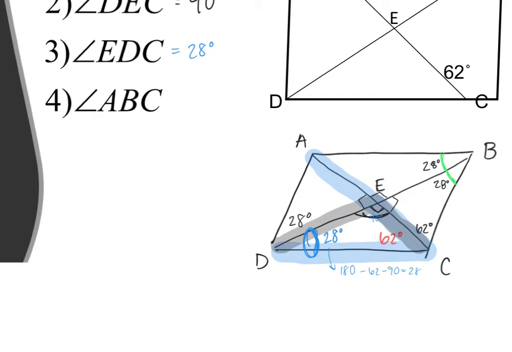So what's ABC? 56. Good. The whole thing is going to be 56 degrees, which is just 28 plus 28.